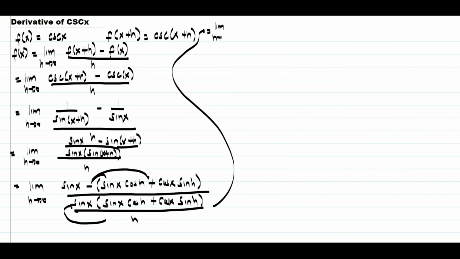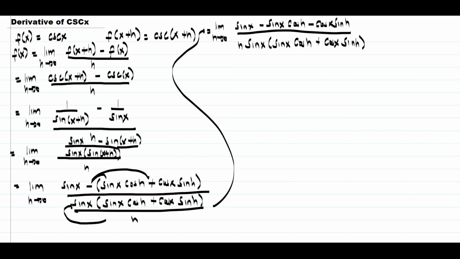limit h approaches 0. We have sine x minus sine x cosine h. Negative times positive is negative, cosine x sine h all over h sine x times quantity sine x cosine h plus cosine x sine h.